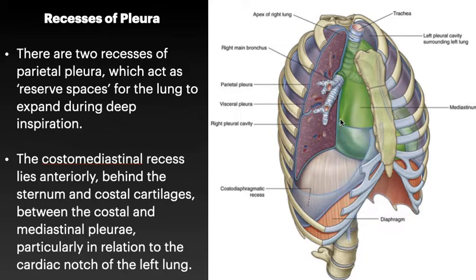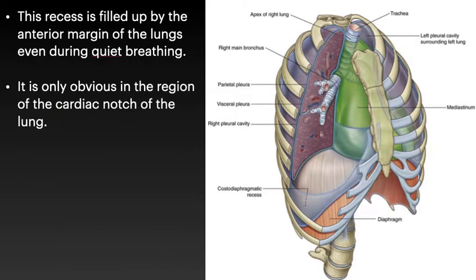The costo-mediastinal recess lies anteriorly, behind the sternum and the costal cartilages, between the costal and the mediastinal pleurae, particularly in relation to the cardiac notch of the left lung. This recess is filled up by the anterior margin of the lungs. Even during quiet breathing, it is obvious in the region of the cardiac notch of the lung.